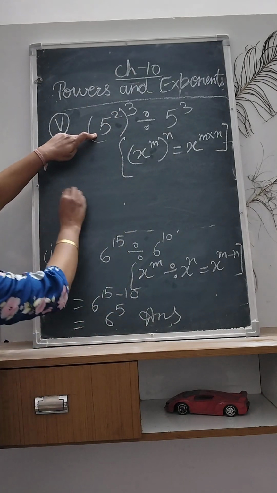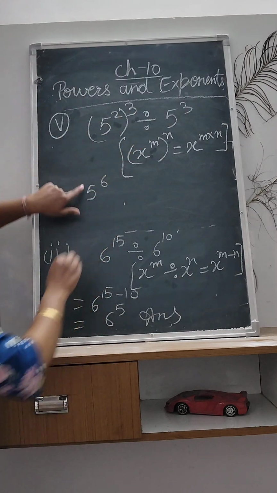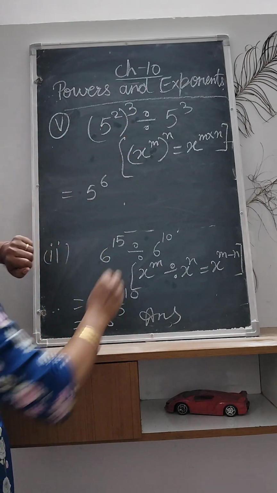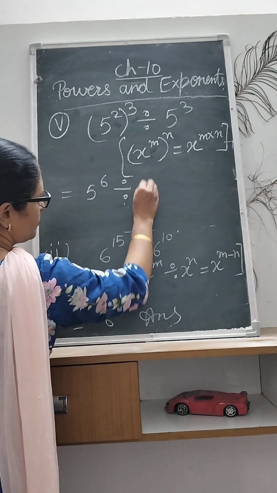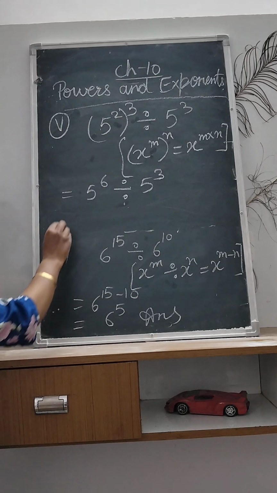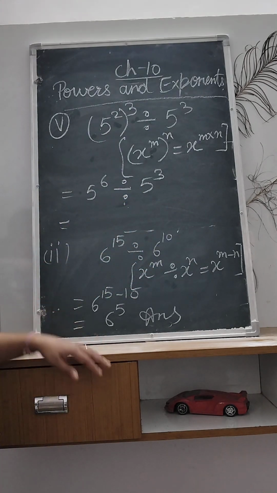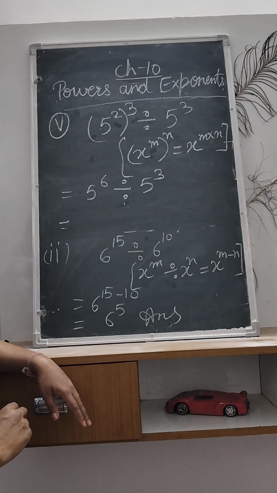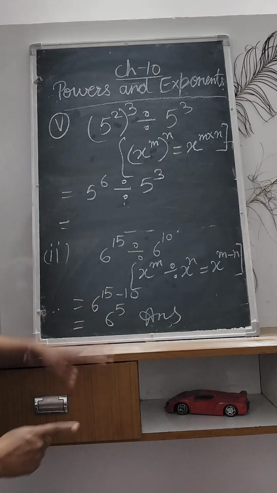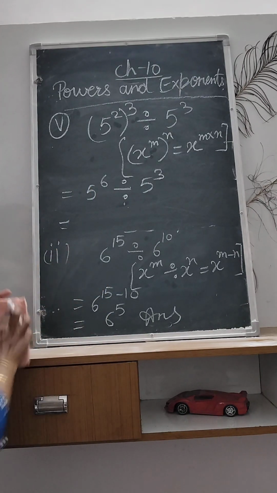So firstly we will solve this. So 2 into 3 is 6. 5 raised to power 2 into 3 is 6. Okay? Now again we will write the same operator, 5 raised to power 3. Now again because it is another sum students, when we are solving the sums in the test or in the exam, we always need to mention the law. So always better to write the law on one side.